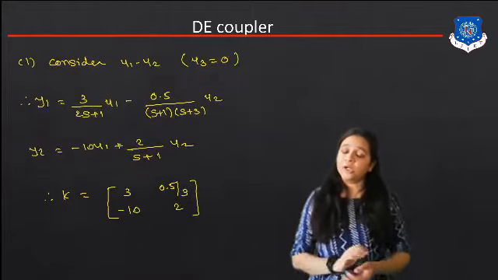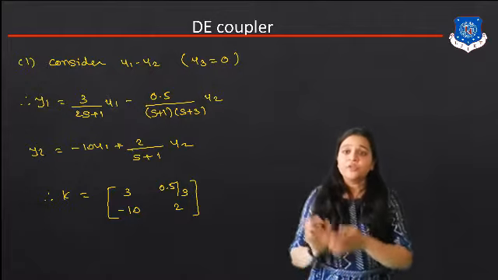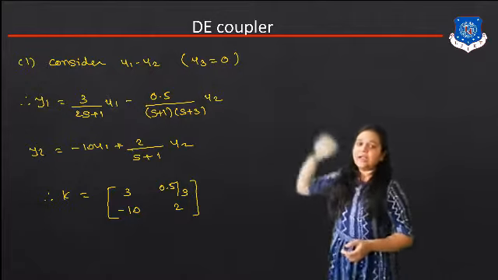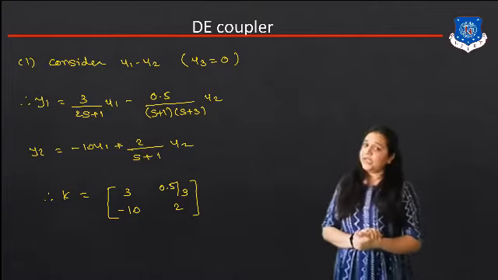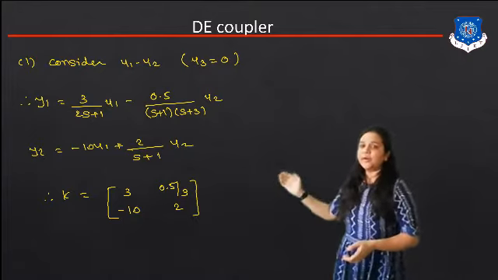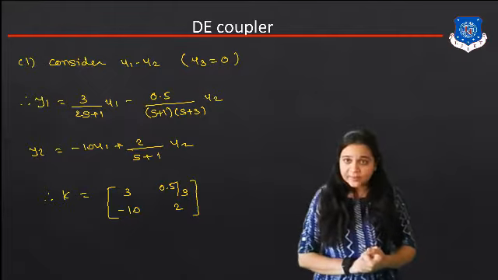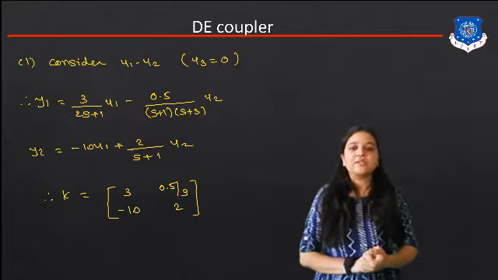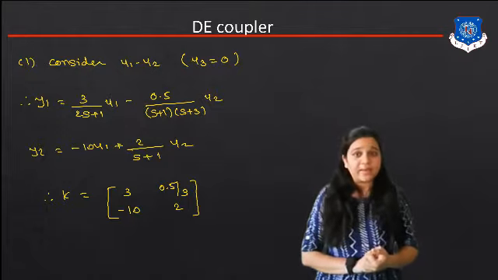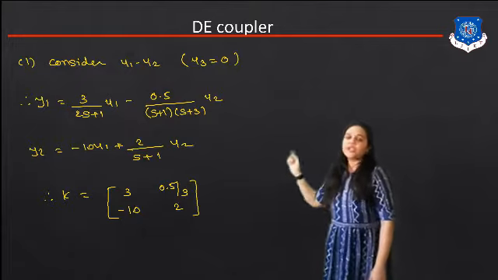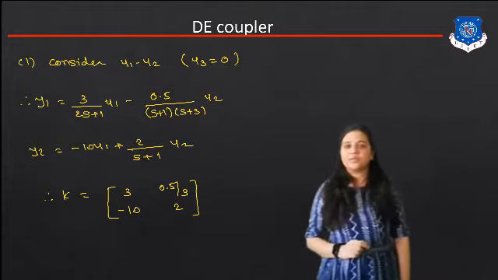So we consider the first condition, u1 minus u2. We can take u3 equal to 0. So the equation will become y1 equal to 3 upon 2s plus 1 u1 minus 0.5 upon (s plus 1)(s plus 3) u2, and y2 equal to minus 10 u1 plus 2 upon s plus 1 u2.